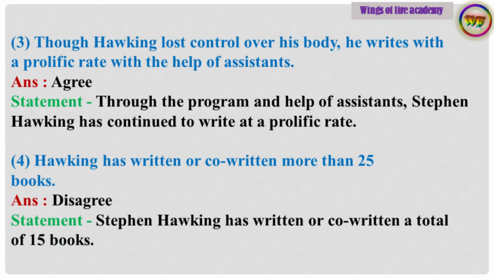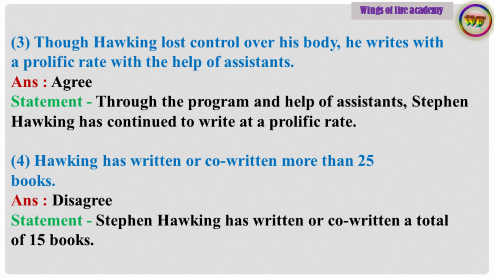Sub-question 3. Though Hawking lost control over his body, he writes at a prolific rate with the help of assistants. Answer. Agree. Statement. Through the program and help of assistants, Stephen Hawking has continued to write at a prolific rate.